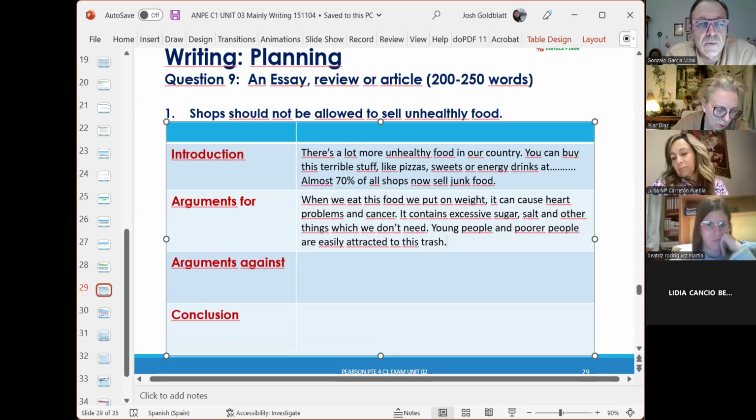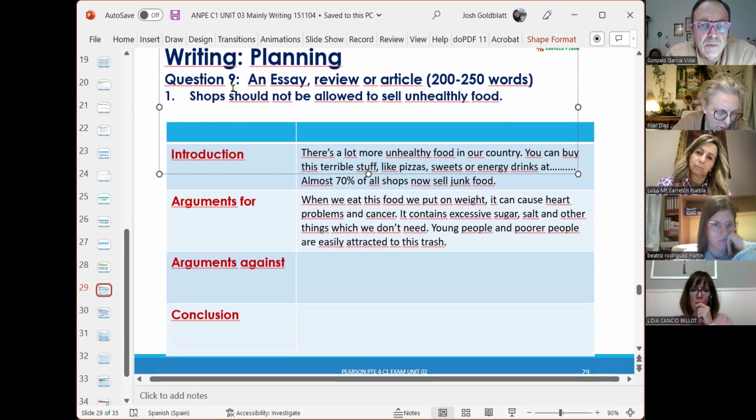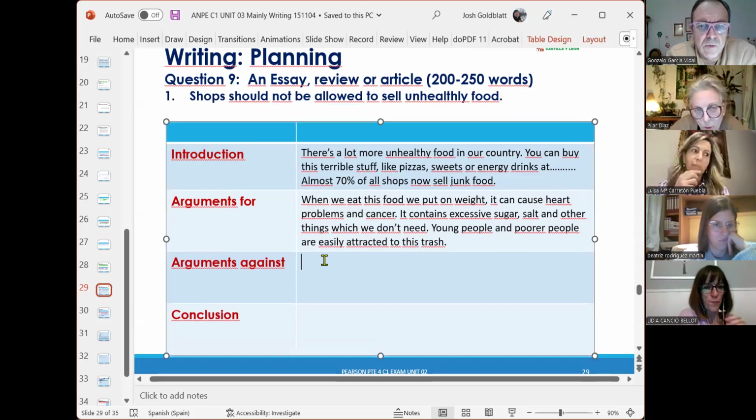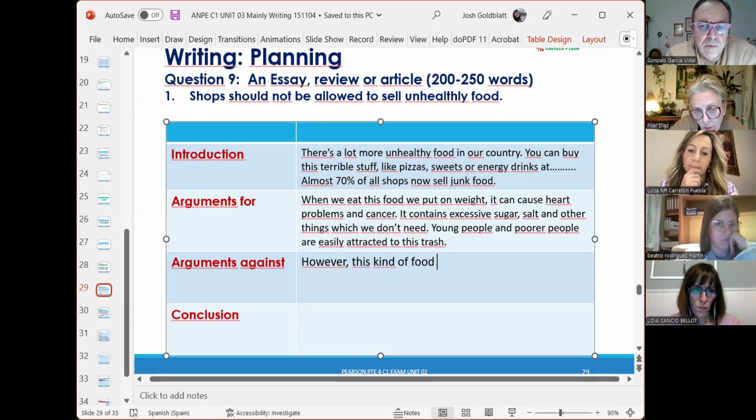Okay. What are the arguments against then? What are the arguments against? Why do you think it's acceptable for shops to sell unhealthy food? However, this kind of food is often cheaper.